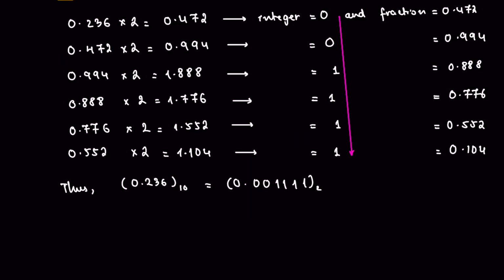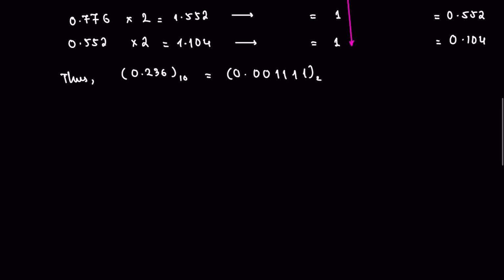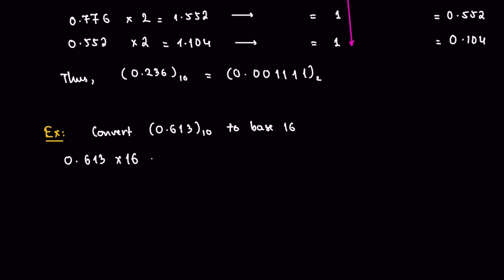Now I'm going to give you another example where we're going to convert a number from base 10 to base 16. So example, I'm going to convert 0.613 from base 10 to base 16. So you do 0.613 multiplied with 16 using the calculator, you should get 9.808.